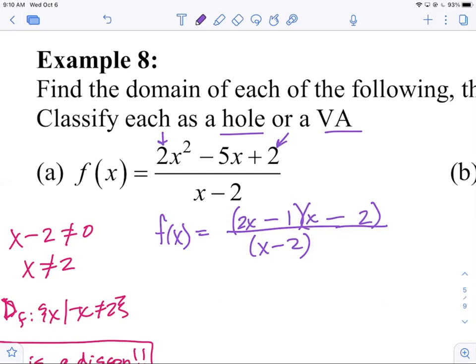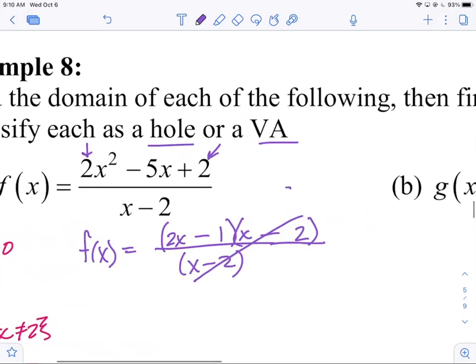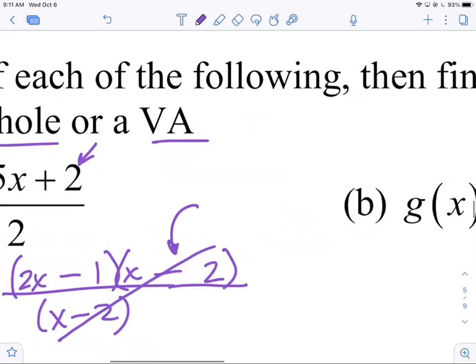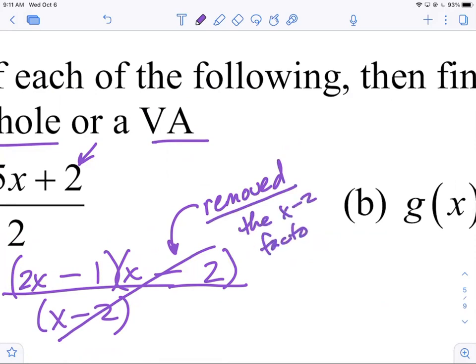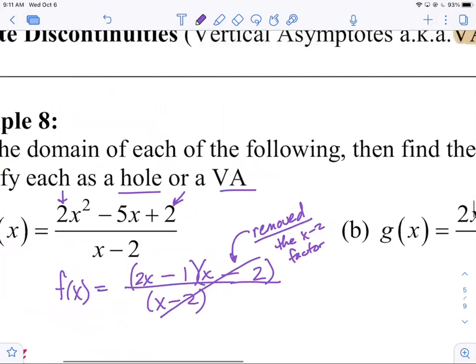What do you notice about the x minus 2 factors on the top and bottom? They're both there, right? So what happens? They divide out. Dividing out is the proper name, but we can also say that we removed the x minus 2 factor. If you can remove a factor that causes a 0 in the bottom by dividing it out, guess what type of discontinuity it's going to be?